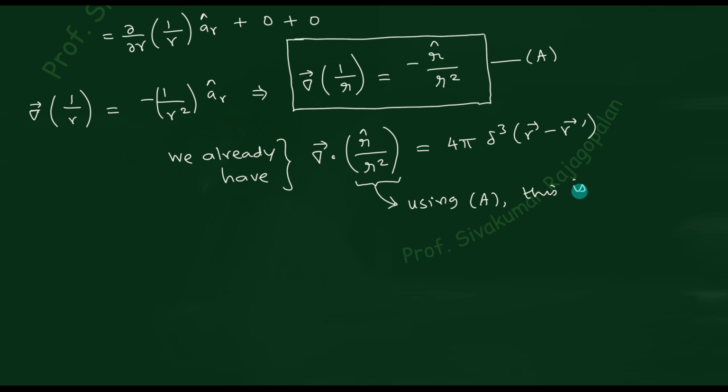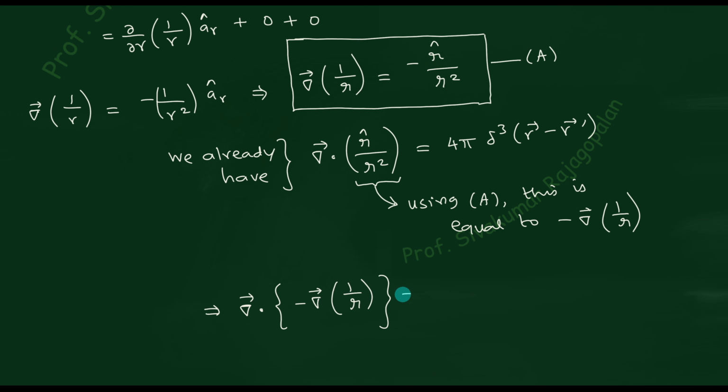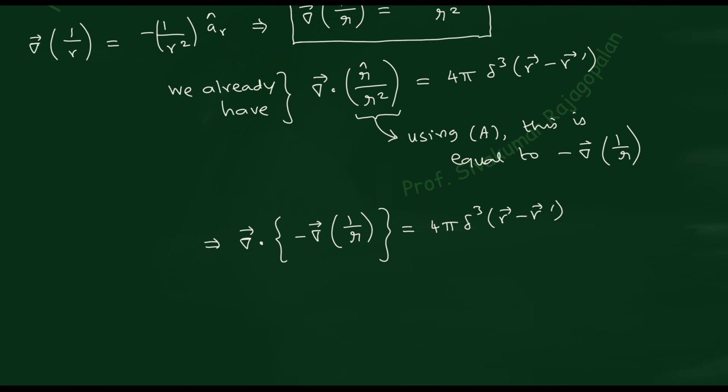Now once this is ready, we can evaluate the divergence of the gradient. So that's what we are interested in. Let us compare this and quickly write down the divergence. Divergence of this quantity is minus gradient of 1 over r, that is there from equation A, which is equal to 4 pi times del cube, or we say Dirac delta function.